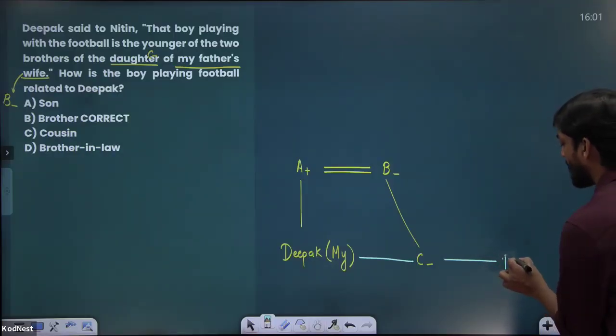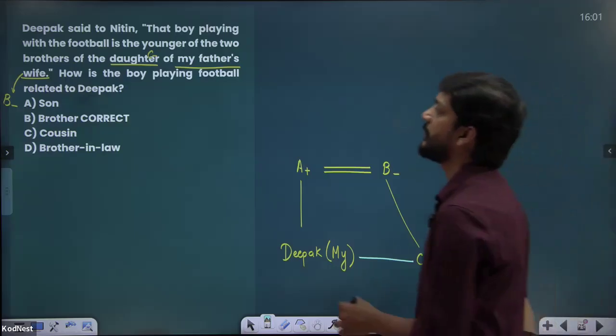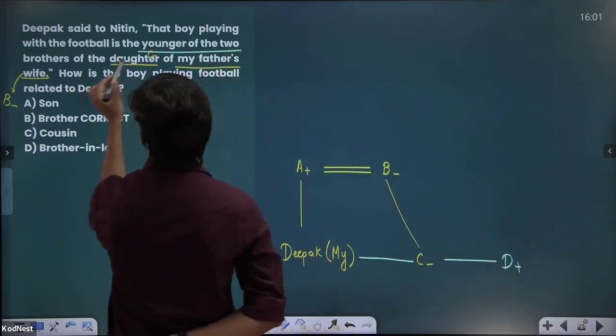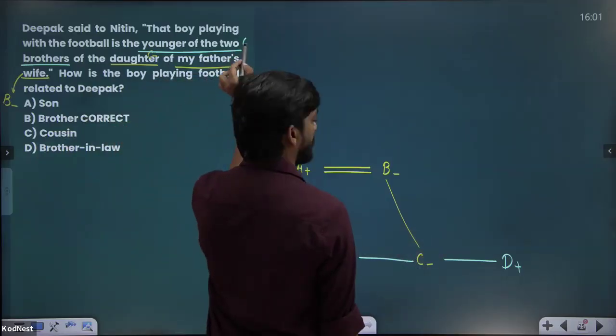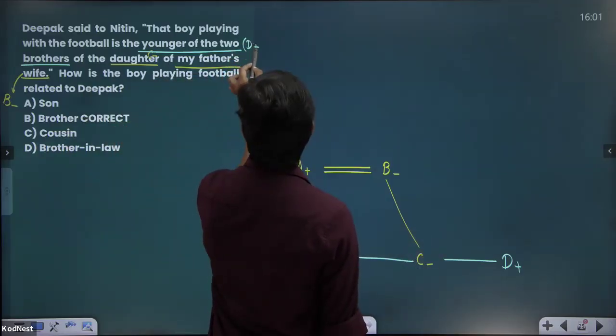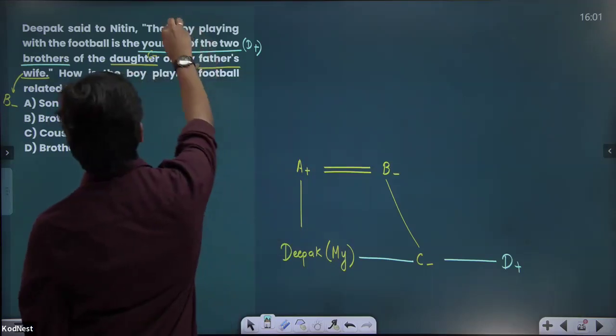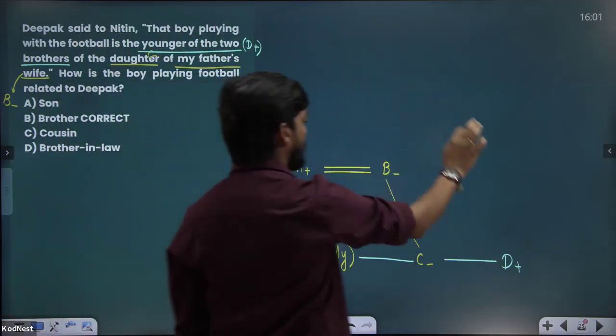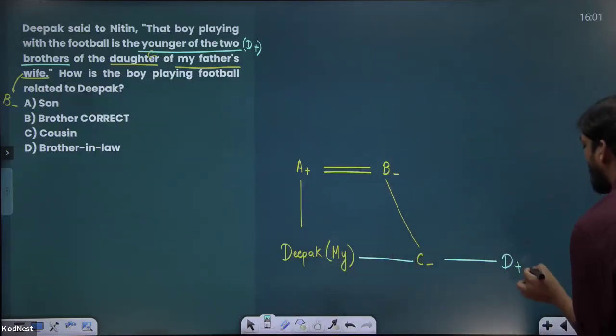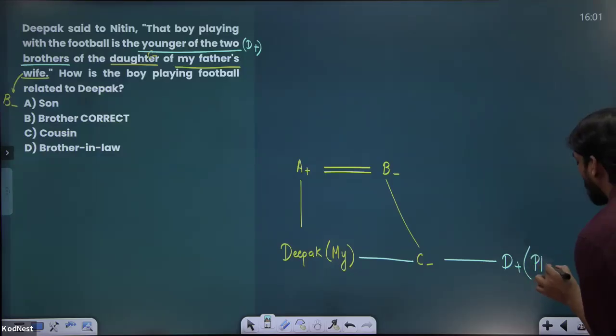Let's suppose I'm taking D plus. So of the two brothers, one is Deepak, one I'm taking as D plus. That boy playing with the football is the younger brother.